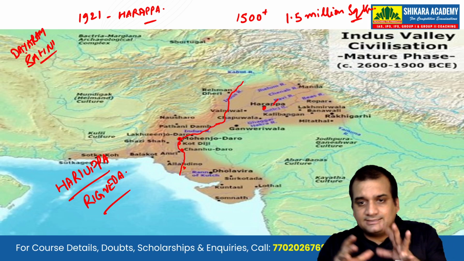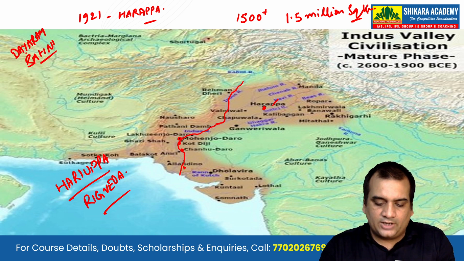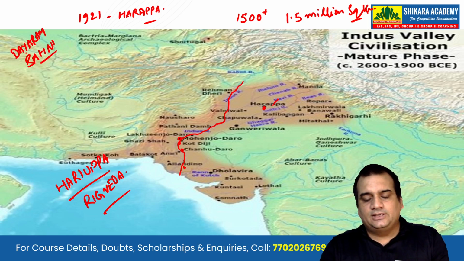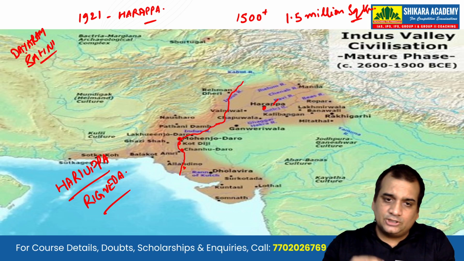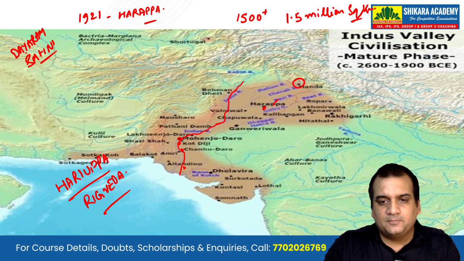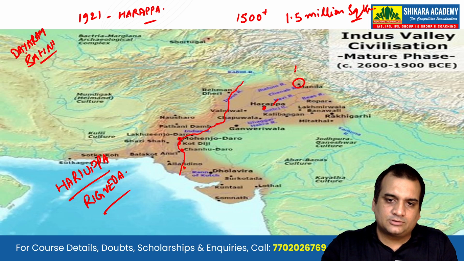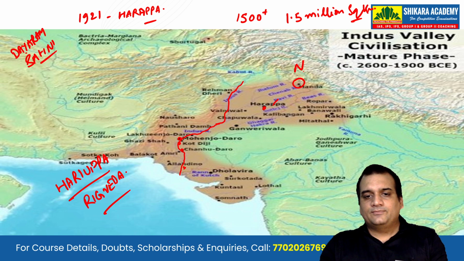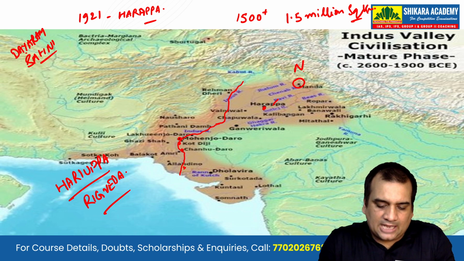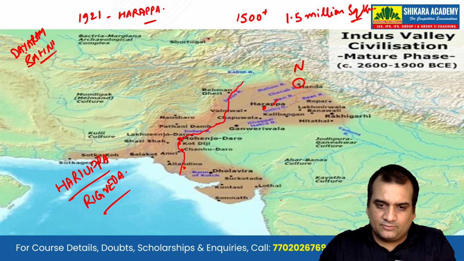Now, this Indus Valley civilization had extensions. What were they? The topmost point, the northernmost, is Manda in Jammu and Kashmir. The southernmost is Daimabad in Maharashtra, somewhere here.